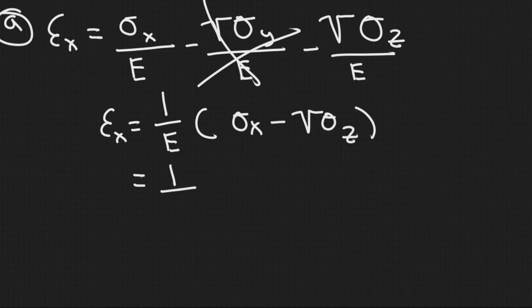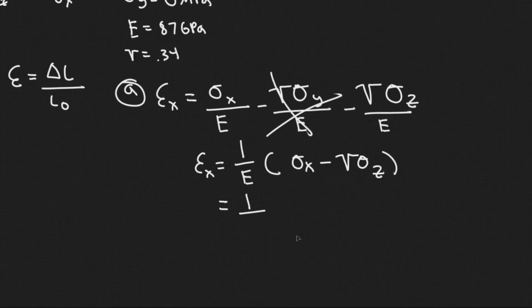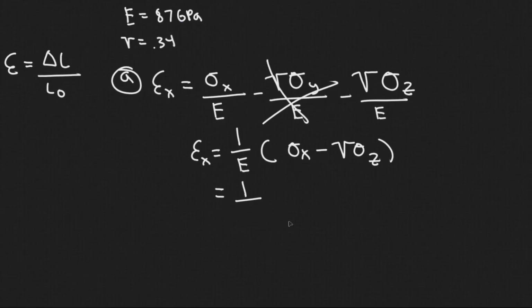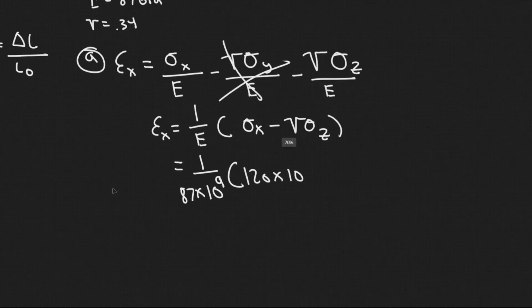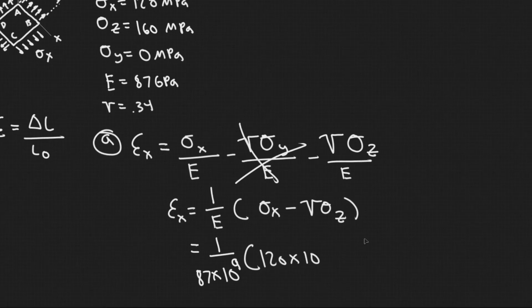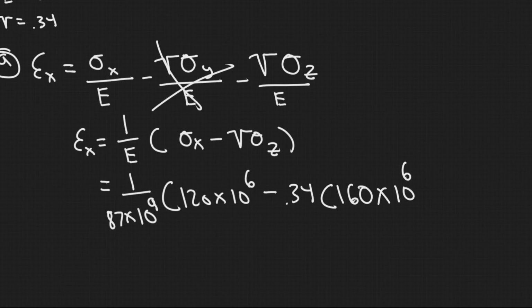So 1 over, let's see what E is. So E is 87 gigapascals, right? So giga is 10 to the 9. So let's go ahead and write that. 87 times 10 to the 9, right? And then sigma x is 120 megapascal, so times 10 to the 6, minus nu, which is 0.34, times 160 times 10 to the 6 again.